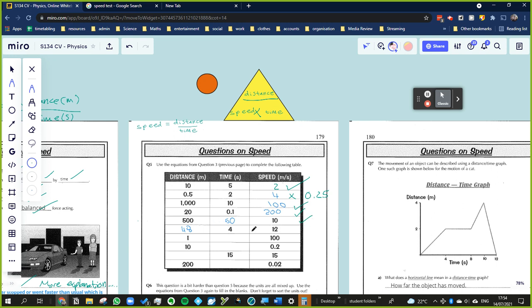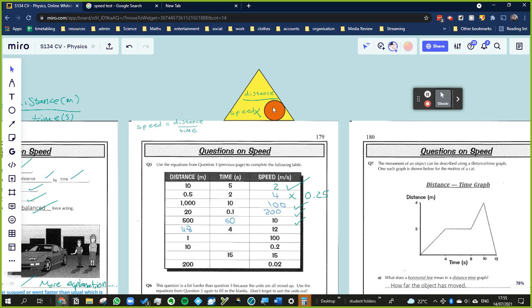Oh wait, what am I doing? Yes, I know that one's correct, but how did we do it? It was using time, or trying to calculate time. So we'd cover up time, and we've got distance, which is 500 divided by 10, which is 50.